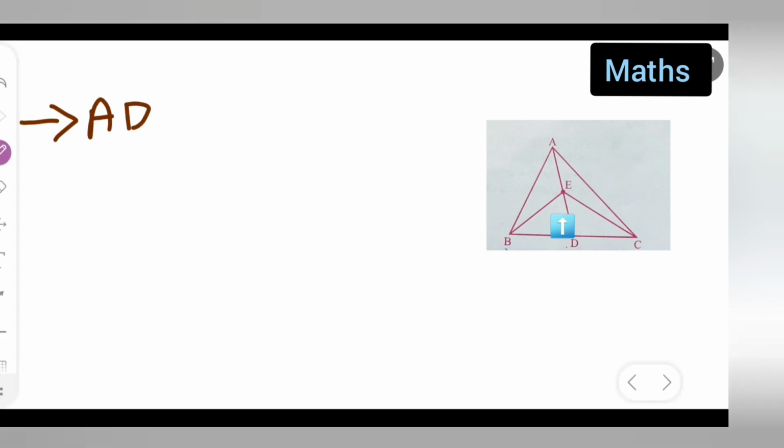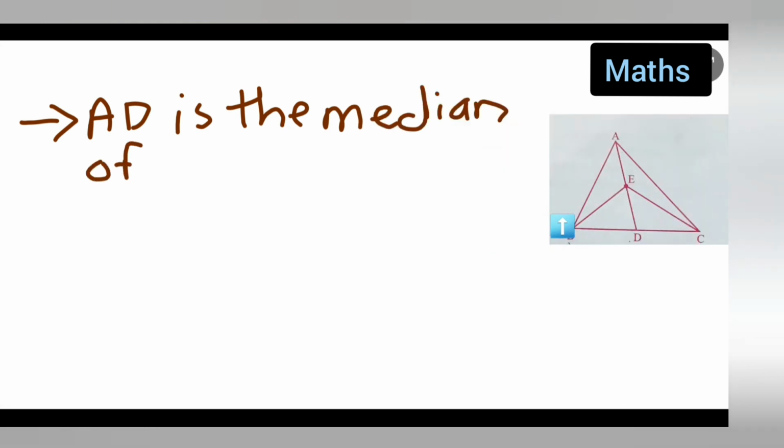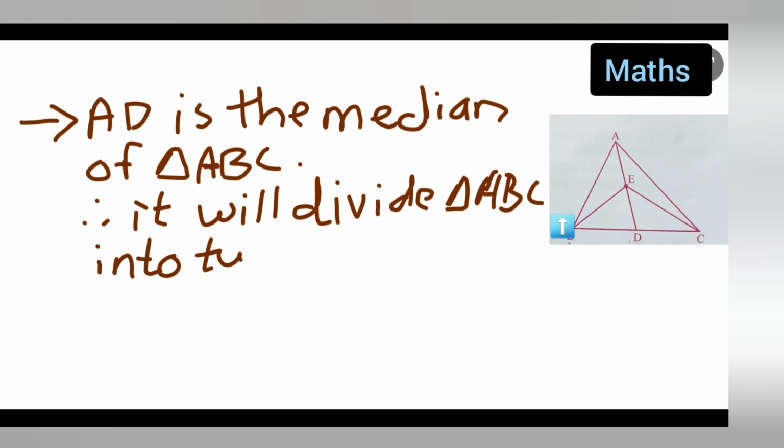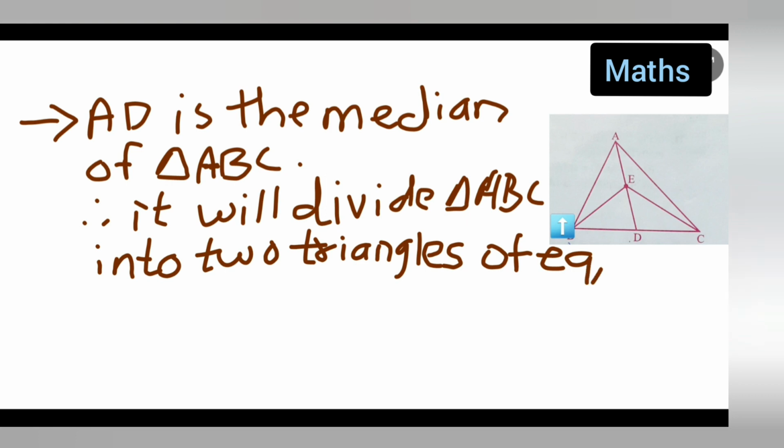AD is the median of triangle ABC, therefore it will divide triangle ABC into two triangles of equal areas.